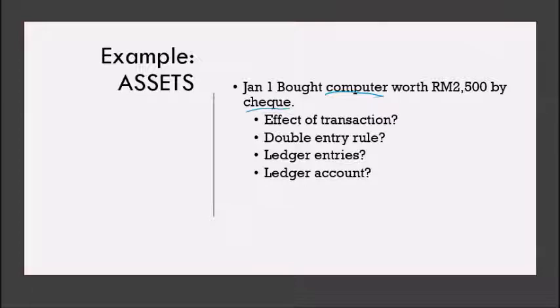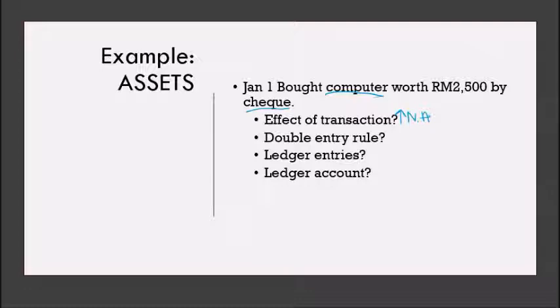First is what's the effect of the transaction. So you can see what account is affected. A computer is a non-current asset. So does it increase or decrease? So buying increases the asset since you're adding new things to it, worth 2,500 by cheque.